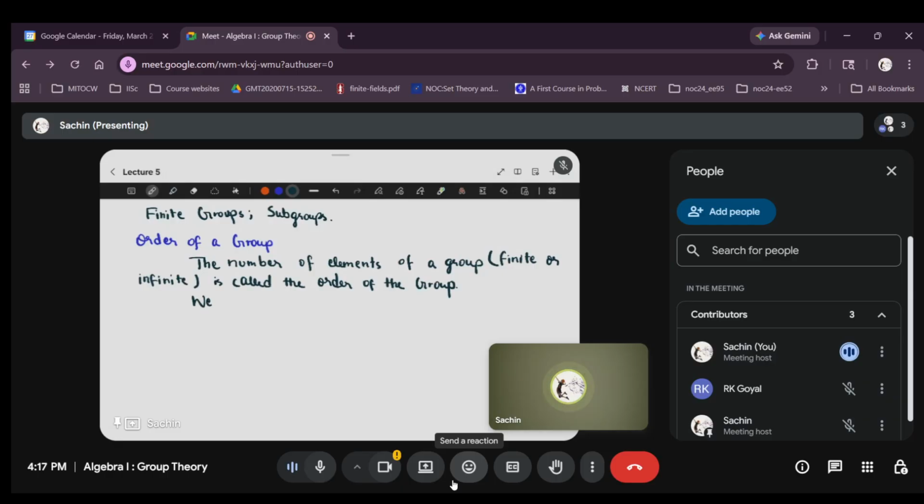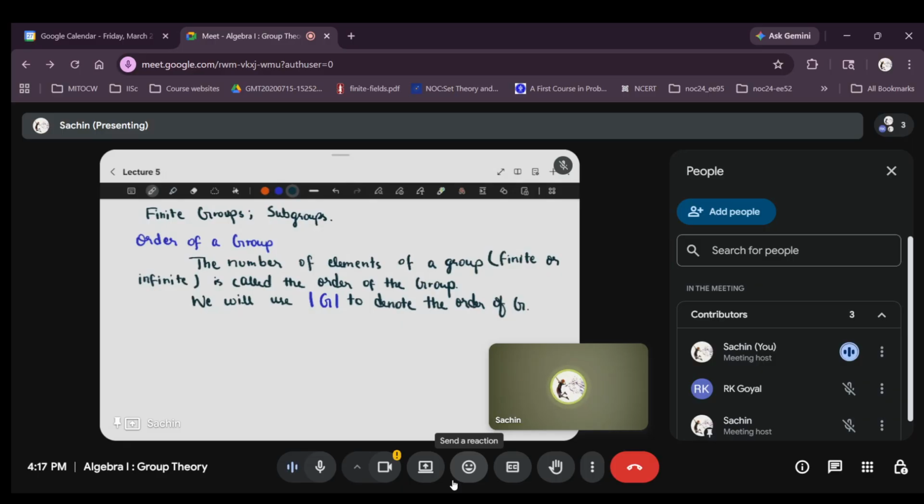And the notation for that is we will use this symbol, two vertical lines around G, to denote the order of G. This is similar to the cardinality of a set.